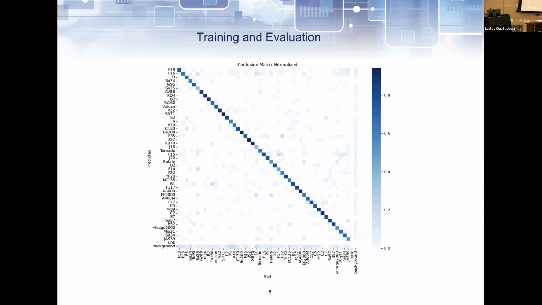I see here that you've got a background. Do you mind elaborating on that? On the bottom of the matrix. Oh, background. Yeah. I actually don't know. I think this was out of the box with the library I used to train.